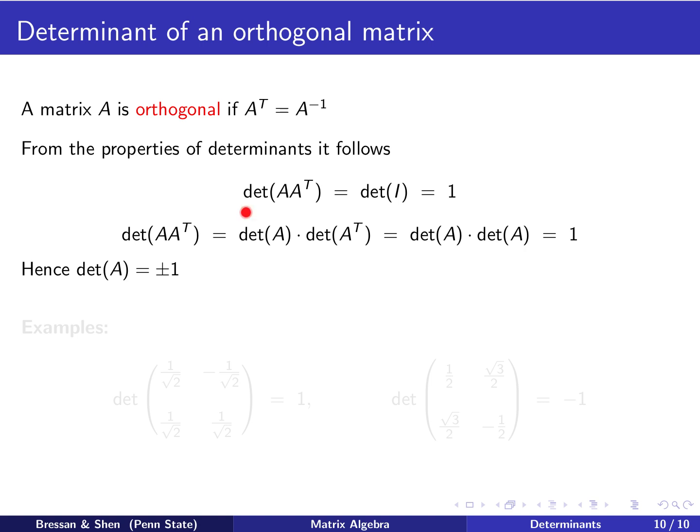Let's first use the determinant of A times A transpose. And then here, A times A transpose, because A transpose is A inverse, therefore it's A times A inverse, so it's the determinant of the identity, which is 1.